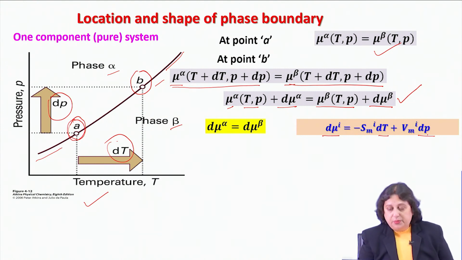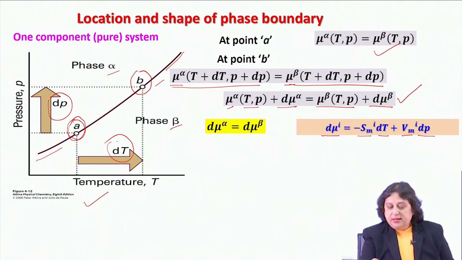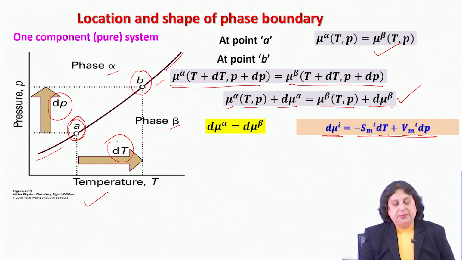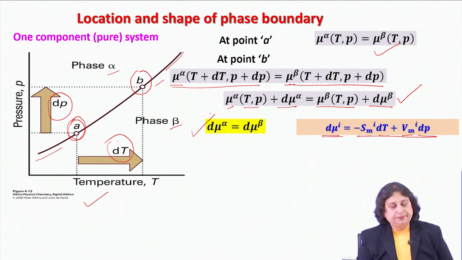For the ith component, this coefficient is the negative of the molar entropy, and this coefficient is the molar volume of the ith component. So I am going to rewrite each d mu alpha and d mu beta and replace them with this expression on both sides of this equation.